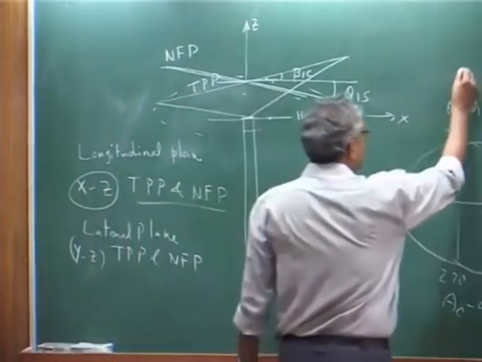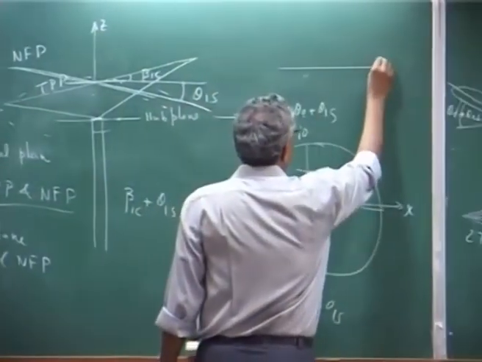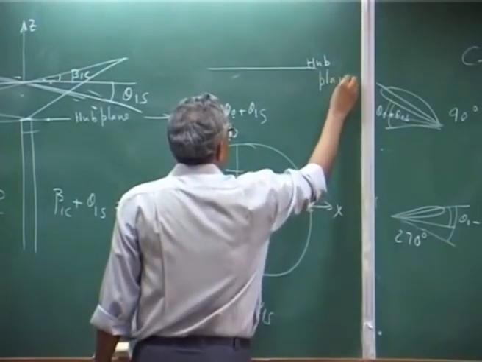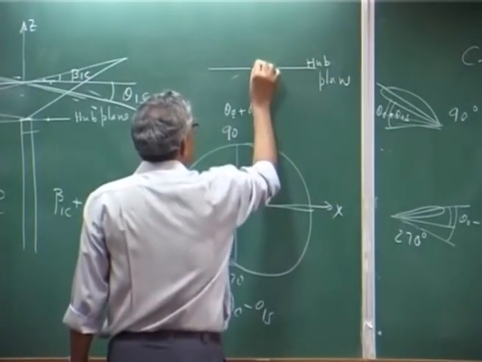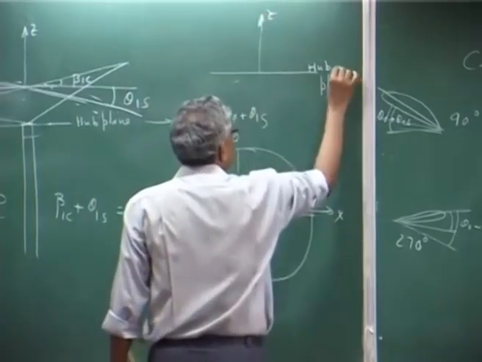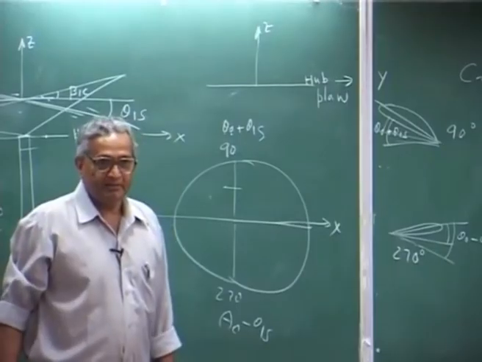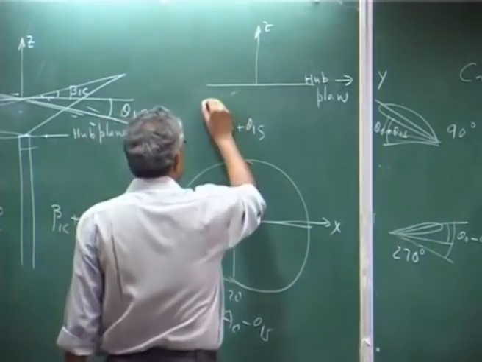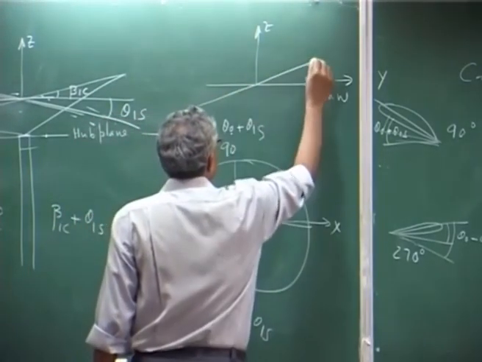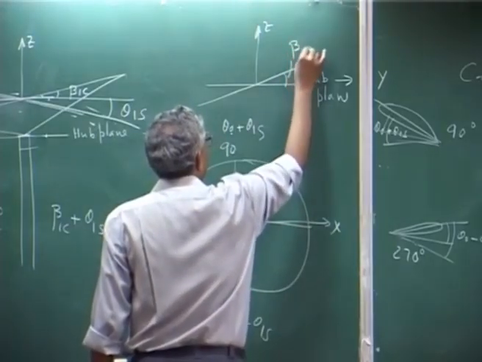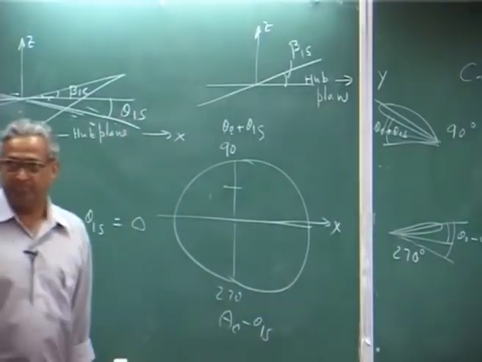If you look at the YZ plane, this is my hub plane, and this is the z axis and this is my y direction. Okay. This will be beta 1s, this is beta 1s.